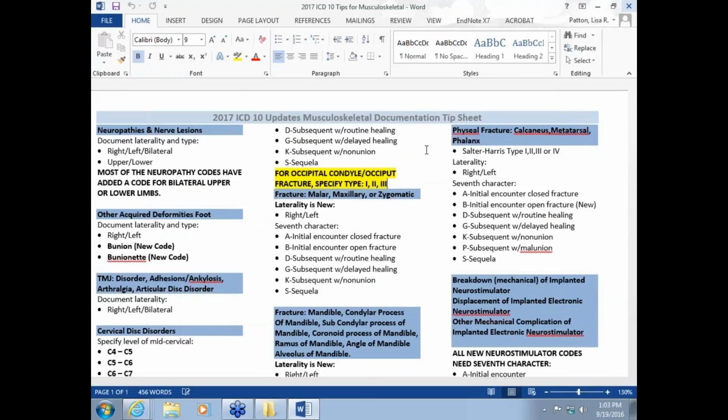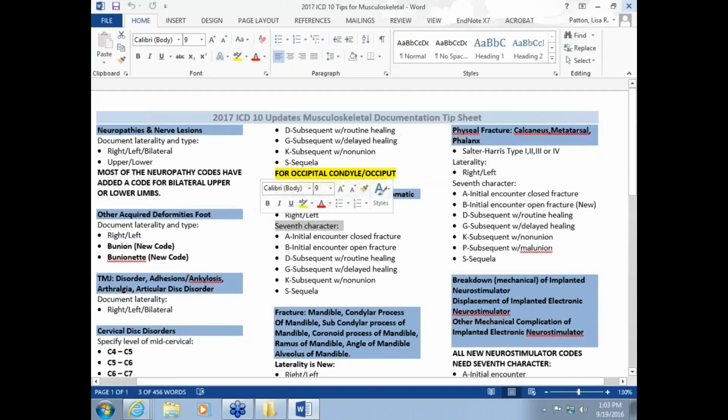So I'll turn it over to Lisa to start us off on musculoskeletal. Okay, there are several changes in the musculoskeletal documentation. One of them is on the neuropathy, such as carpal tunnel syndrome: we now have bilateral and upper and lower. It used to be just right and left. Other deformities of the foot, there are new codes for a bunion and a bunionette. So those are two new codes.